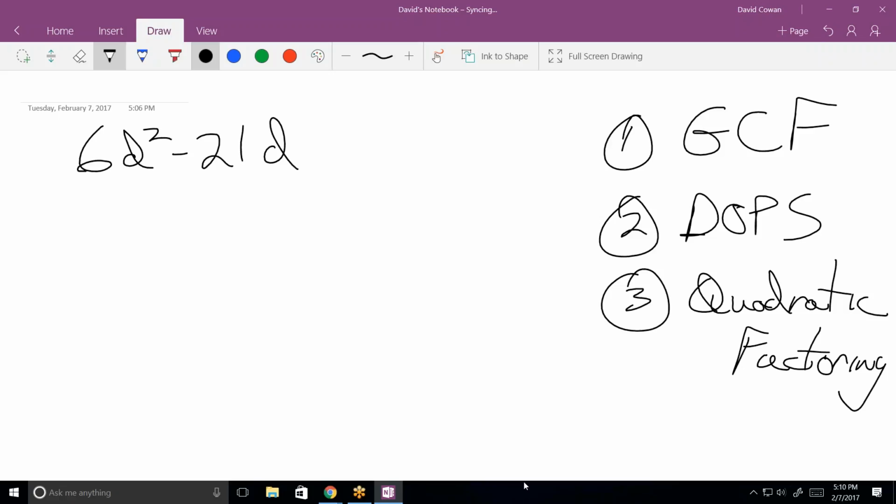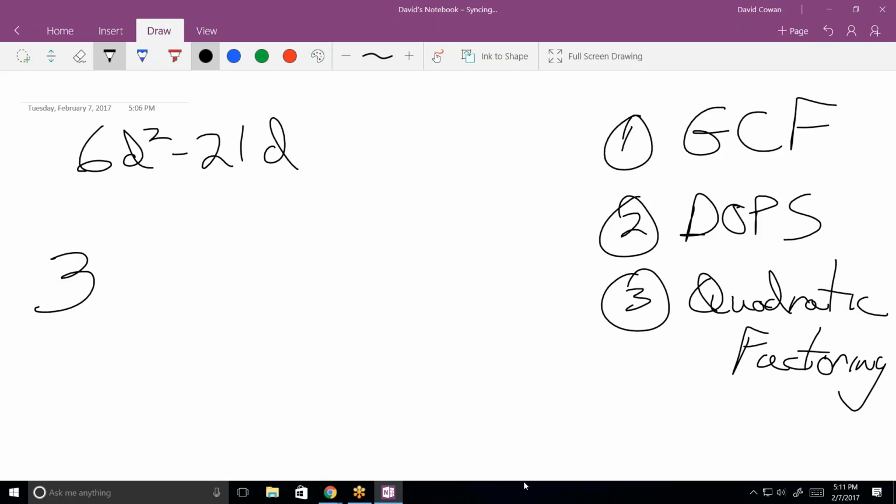Let's take the numbers separate from the variables. What's the greatest number that goes into both 6 and 21 evenly? 3. 3 goes into 6 2 times, 3 goes into 21 7 times. And no bigger number goes into both of these numbers evenly.